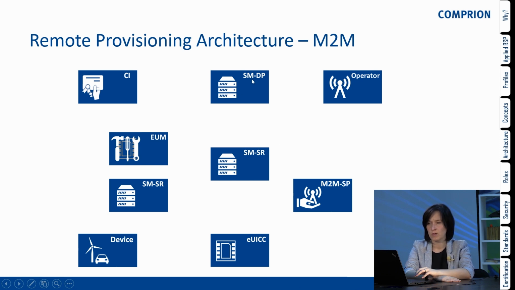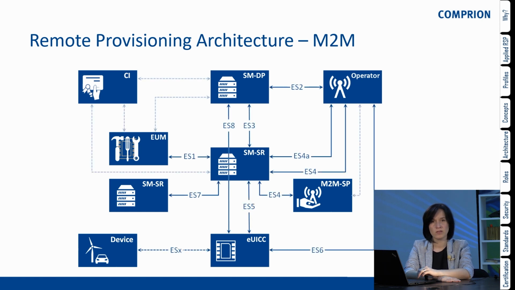We had the CI, issuing the certificates, the operator, and then the eUICC manufacturer, EUM, the M2M SP service provider, and a device for certain functions, for specific functionality of local administration. And plenty of interfaces, as usual.